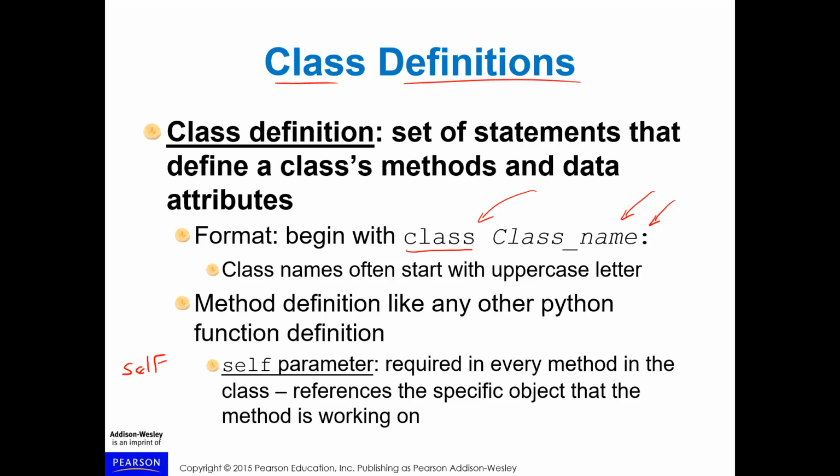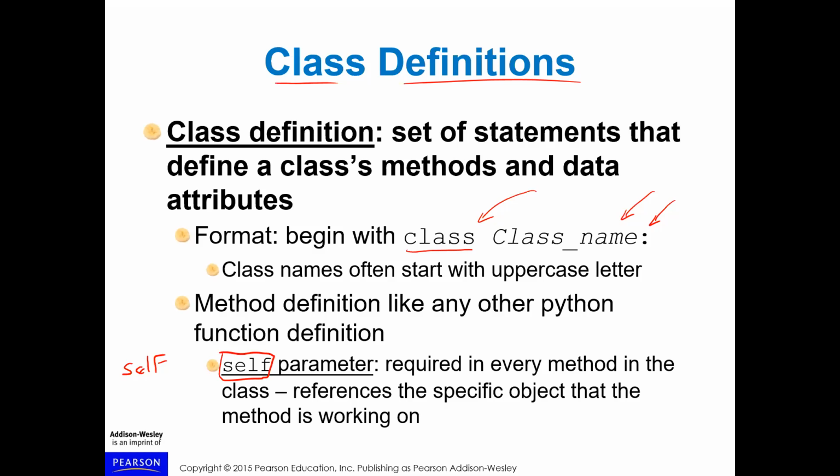So if I'm in first person shooter 2, and I do something that involves the word self, I mean the attributes and methods associated with first person shooter 2. Okay, so that's really the idea. So self is a keyword.